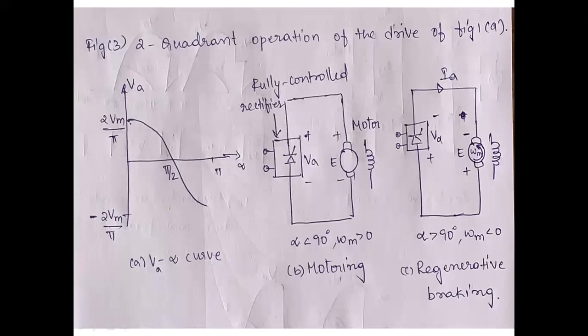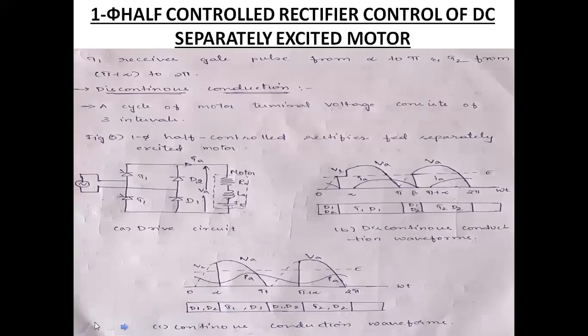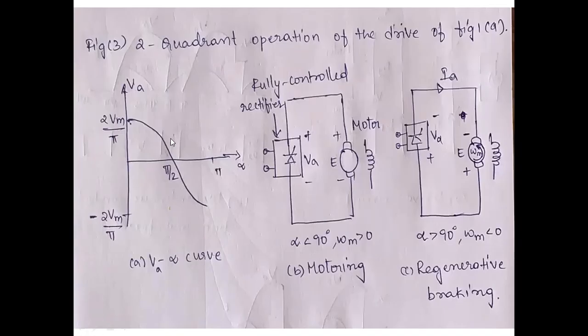The forward motoring and forward braking I have mentioned is not provided by the drive in figure 1. If you take the next drive, there is a possibility of two quadrant operation.